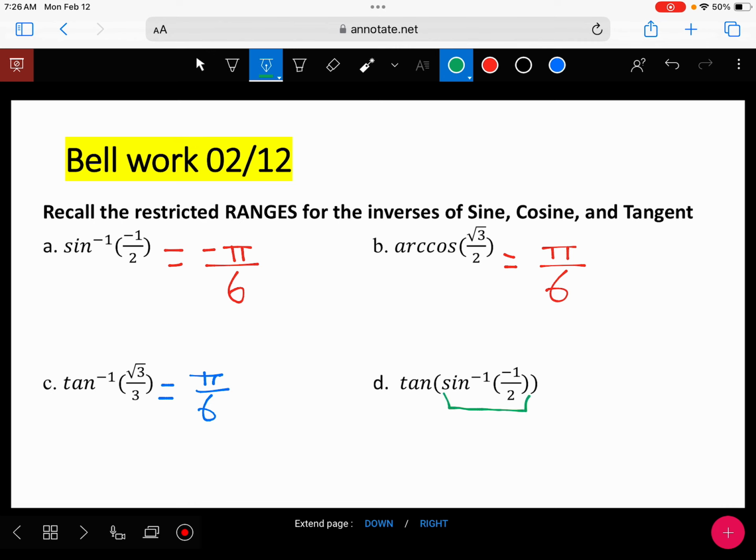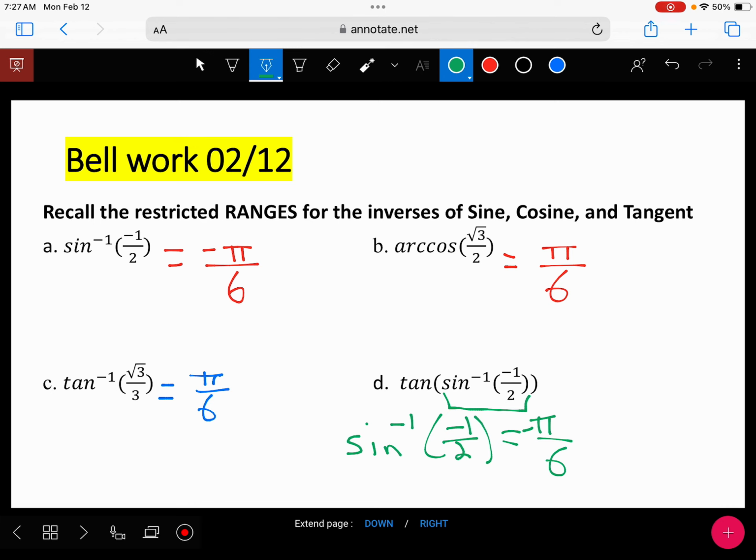The first thing we're going to do is we're going to take out what's inside of the parentheses. We're going to evaluate the inside. So we need to figure out first what inverse sine of negative 1 over 2 is. The nice thing is we already know what that is from A. We know it's pi over 6. Negative pi over 6. I was about to say negative pi over 6.